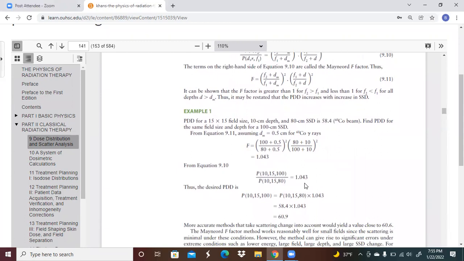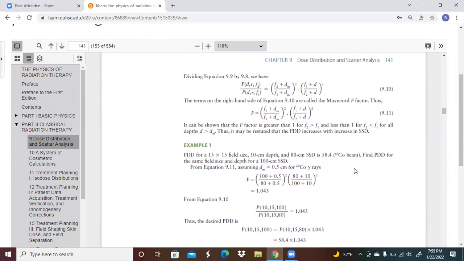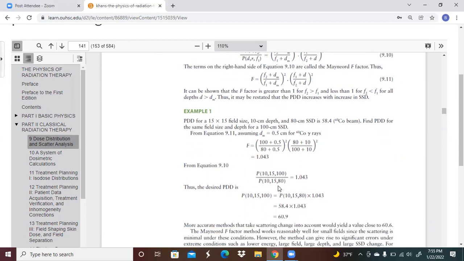So now that we know that, we know this PDD down here because it was given to us already. It's right there, the PDD for this particular situation of 58.4. So we take this, move it over to this side of the equation. And so this value is going to be equal to this, which we already know is 58.4, multiplied by the Mayneord F factor. We end up with 60.9. So this is the PDD at that particular SSD, with all of the other factors remaining the same.